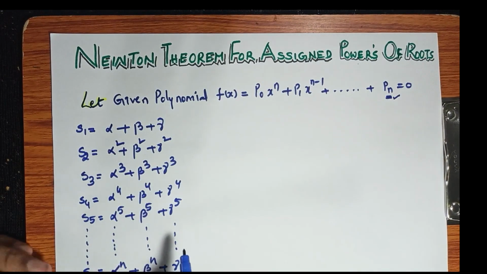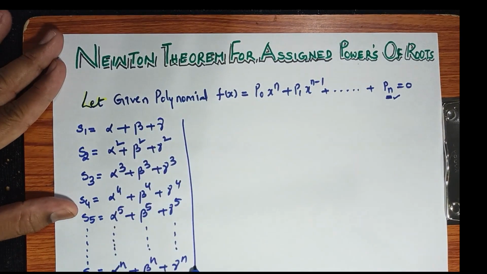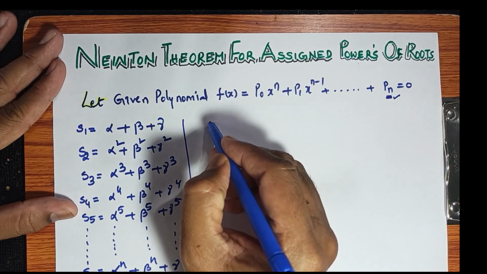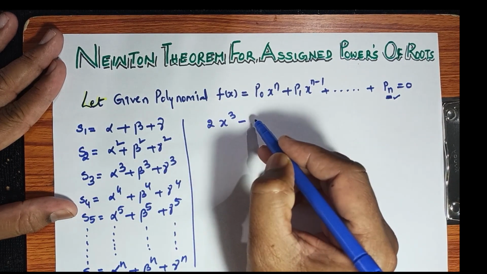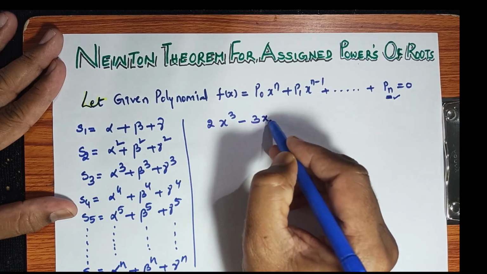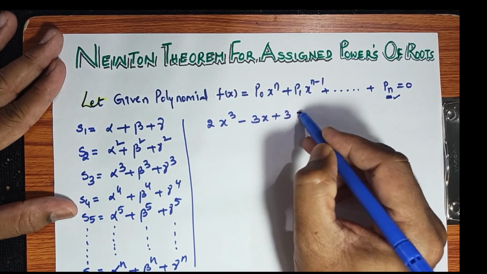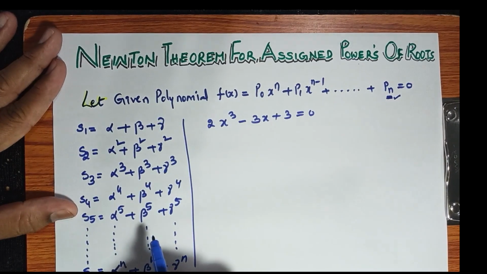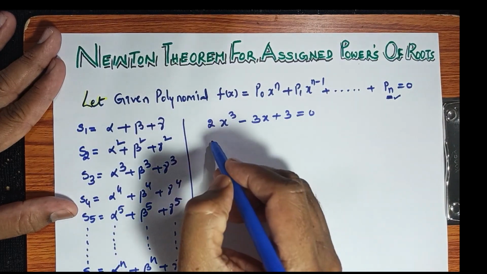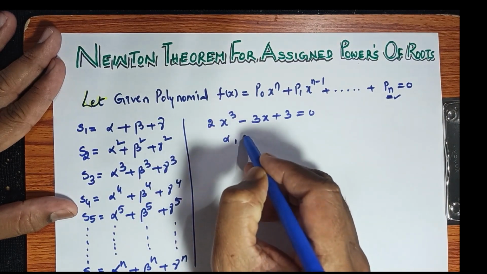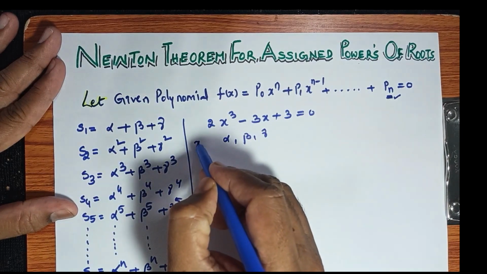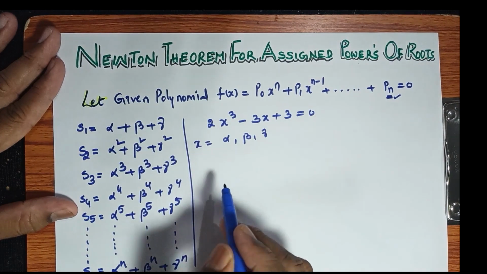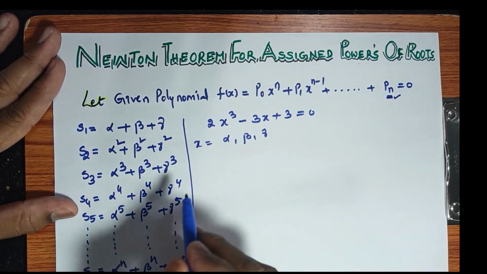What is Newton's theorem? Let me take one example: 2x cube minus 3x plus 3 is equal to 0 is a polynomial. I am taking the roots of this equation as alpha, beta, gamma, meaning x is equal to alpha, x is equal to beta, x is equal to gamma.